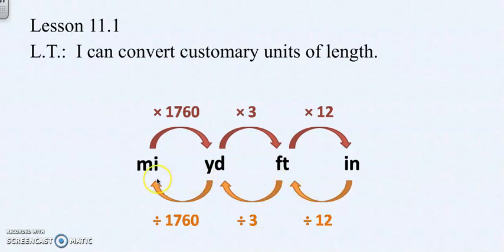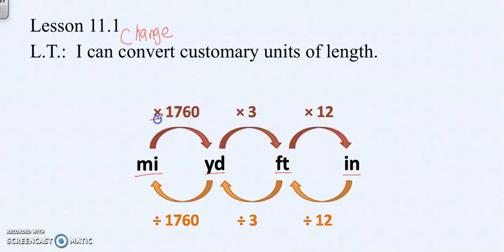This chart is really great because it teaches us about that word change, that word convert that we talked about. It teaches us exactly how to change from one unit to another. If you pay close attention, you'll see that when I'm going from miles, which we know are pretty long, to yards, to feet, to inches, I'm going from a big unit to a smaller unit.